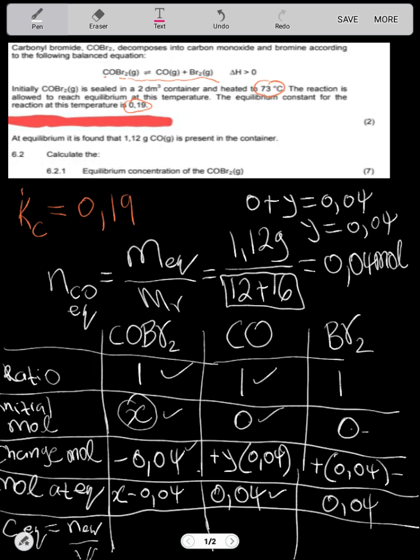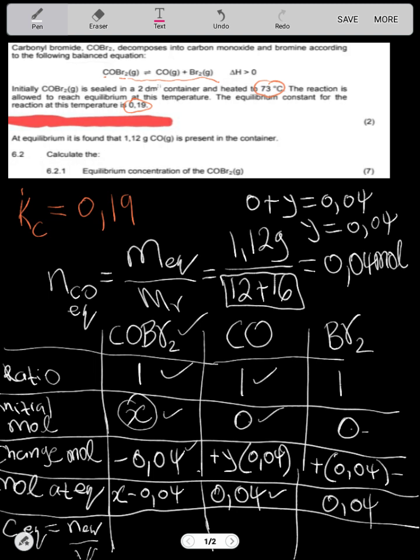All right, so we are almost there. We are getting to something. Now we need to find the concentration of this. The question says calculate the equilibrium concentration of COBr2 gas. So they are looking for this. How do we do that? Easy. Now we know the volume. The volume of the container is given to us as 2 decimeter cube.